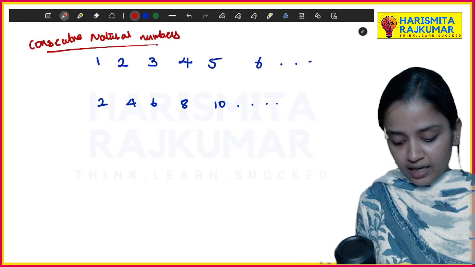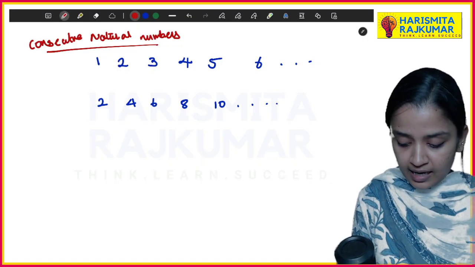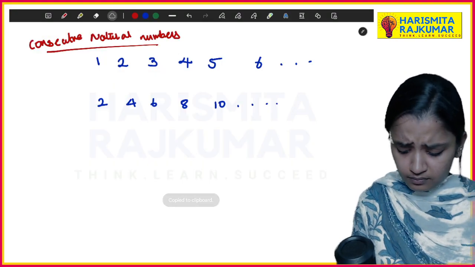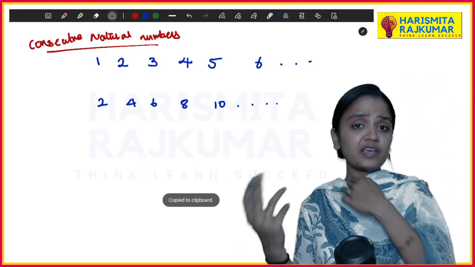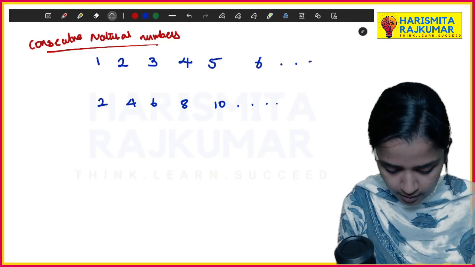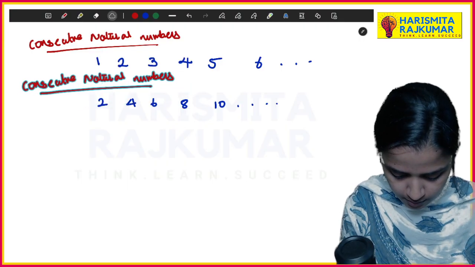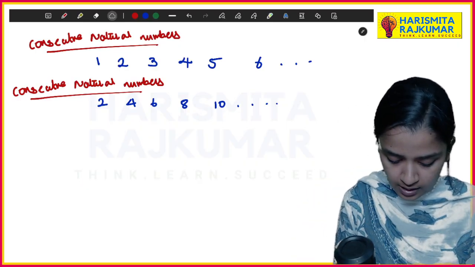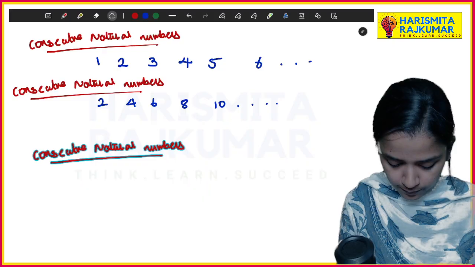Likewise, you'll have consecutive even numbers and consecutive odd numbers. So these are consecutive even numbers and this is consecutive odd numbers.